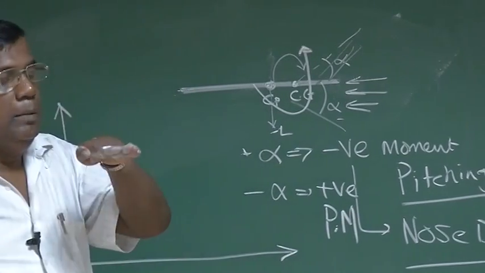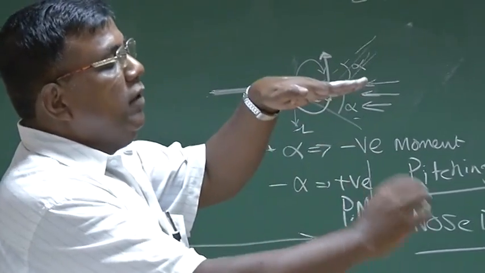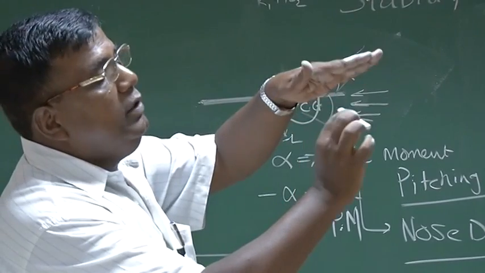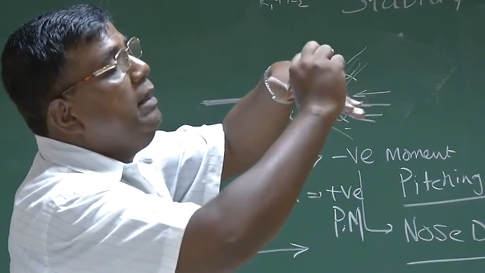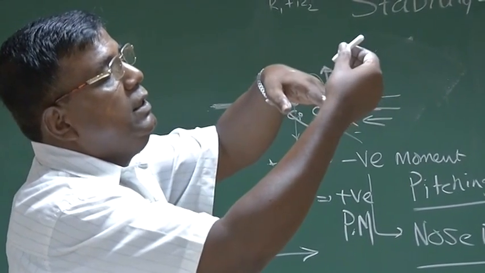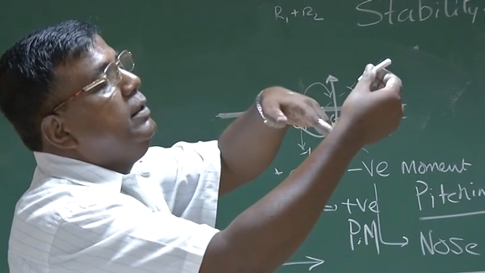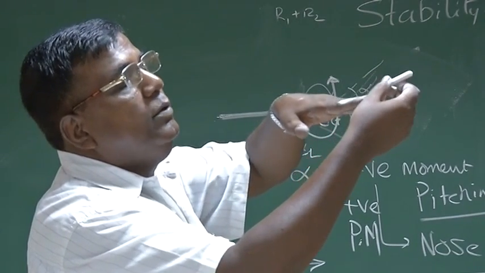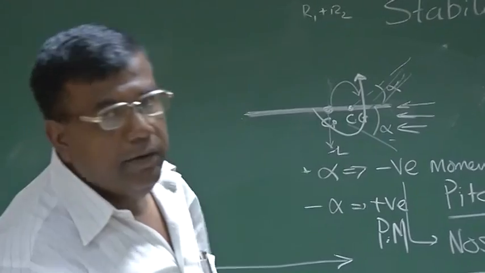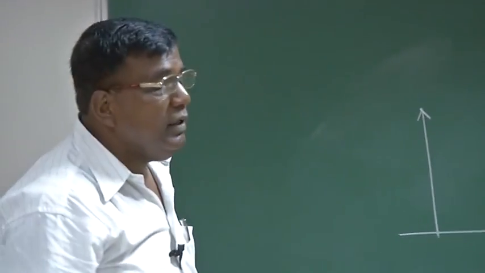Suppose I am going like this, positive alpha, negative pitching moment, so this disturbance is becoming 0. Negative alpha, nose up moment, so this disturbance is becoming 0, coming back to alpha equal to 0 or whatever the original alpha is. So it has an initial tendency, and we said statically stable.